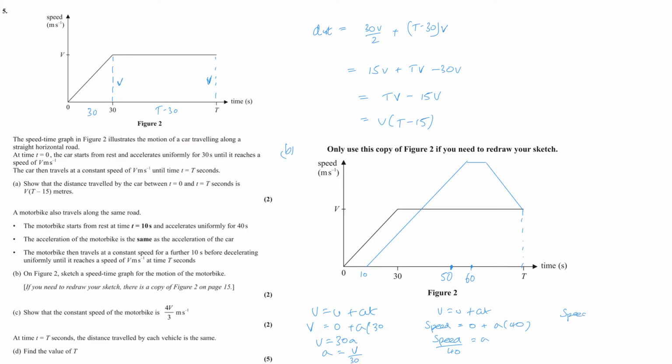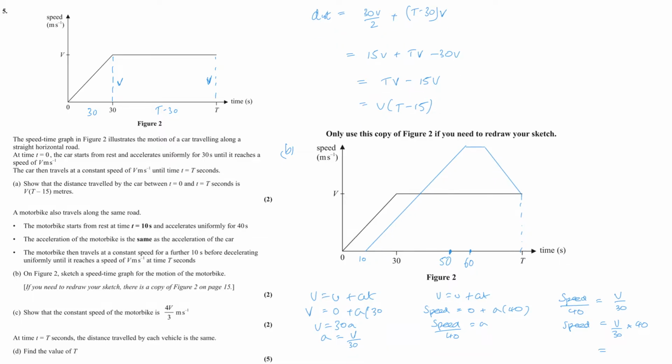So the speed of the bike divided by 40 is equal to v divided by 30. So the speed is v over 30 times 40. Or when you simplify it, it's 4/3 v.